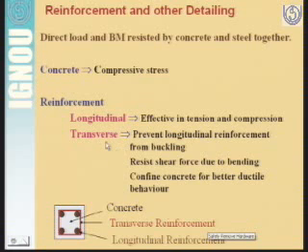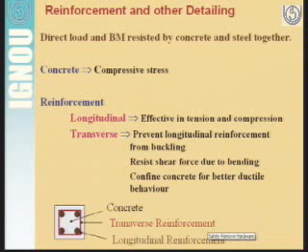Now, what is the role of this transverse reinforcement? It is provided to prevent the longitudinal reinforcement from buckling. There should not be any buckling of the longitudinal reinforcement, so it protects it from buckling.